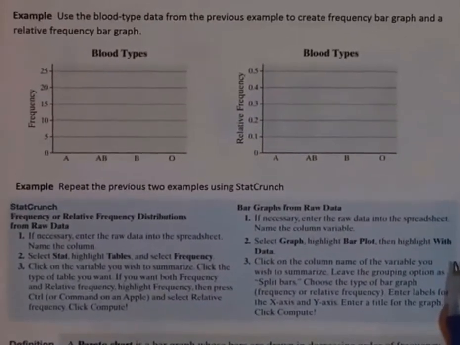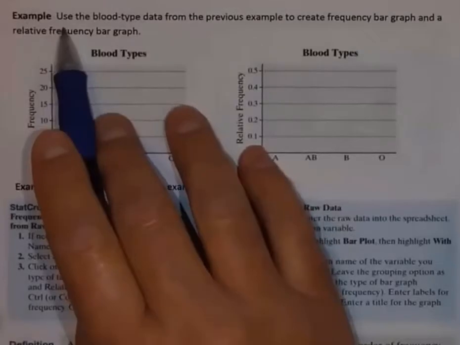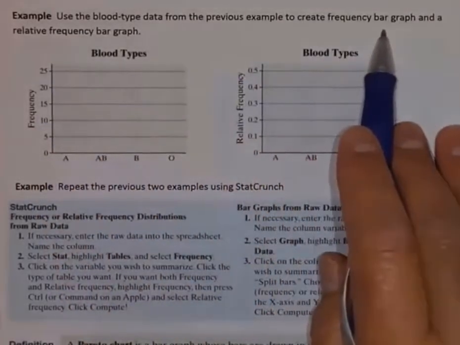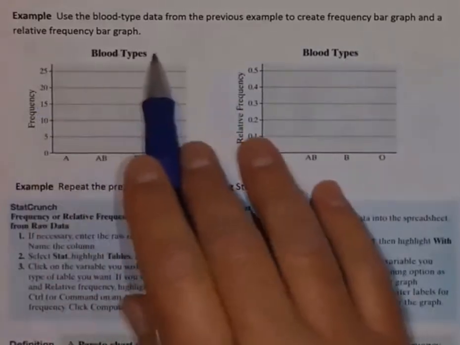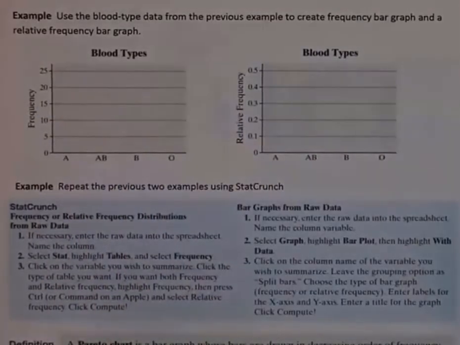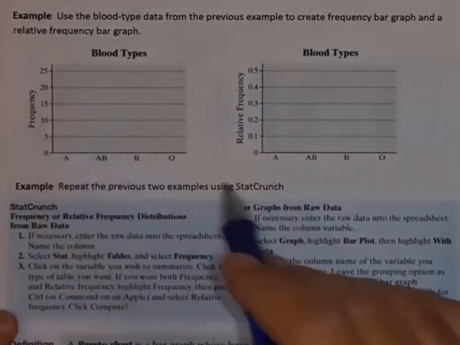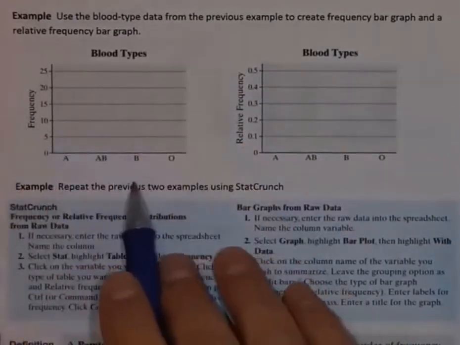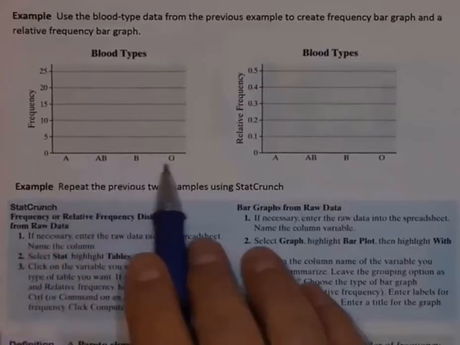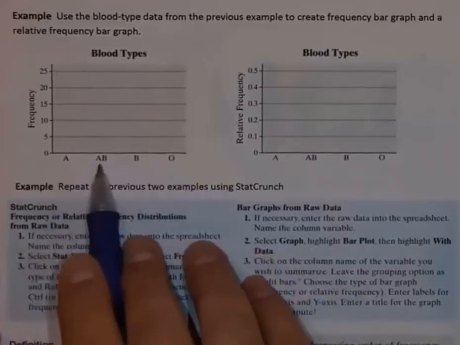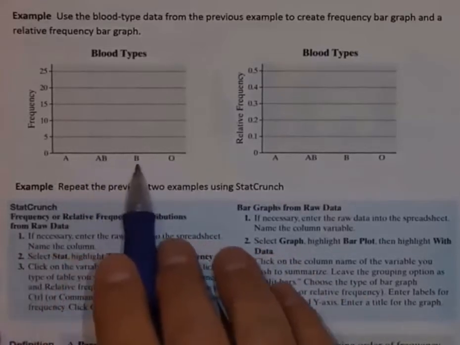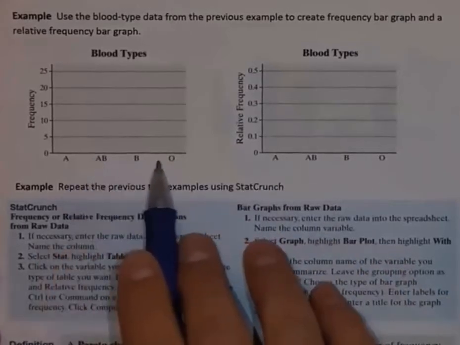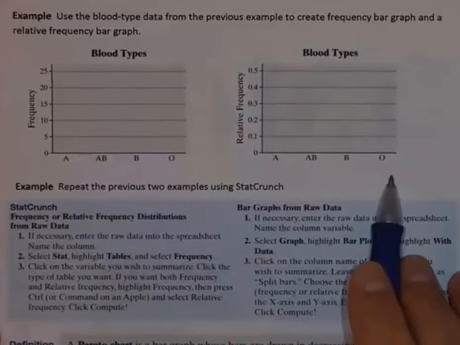So, an example. Use the blood type data from the previous example to create a frequency bar graph and a relative frequency bar graph. So I've already set up a grid here. What I have in my grid along the horizontal axis, I've listed the different blood types, A, AB, B, and O. I've done that for both this grid and for this grid.